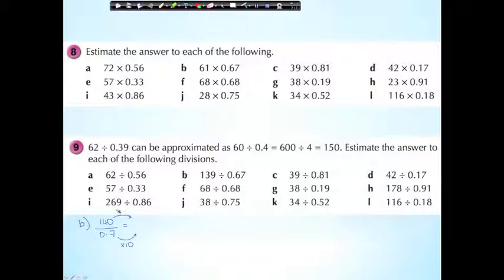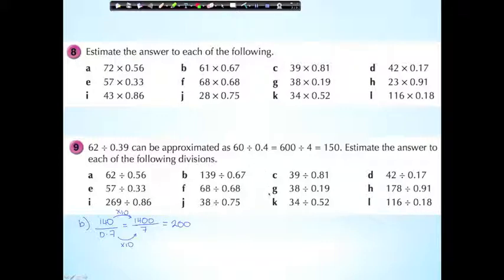Okay, so I get 140 times by 10 is 1,400, and then divided by 7. So we've got 1,400 divided by 7. If I just think of it as 14 divided by 7, I get 2, and then I've left on my 100 at the end. So it will be approximately 200. Okay, so go through the rest of question 9 and try and answer these questions.